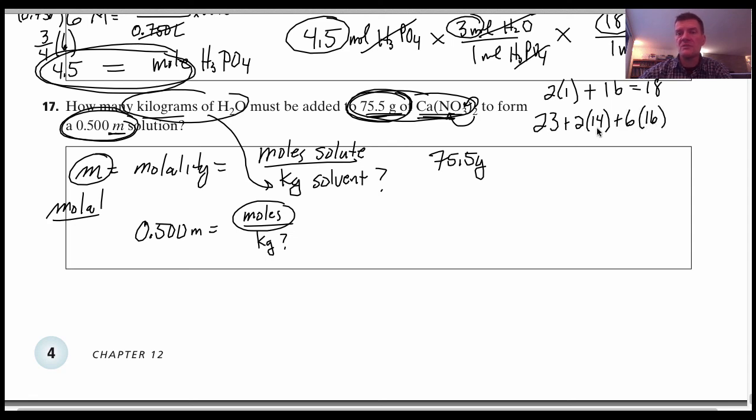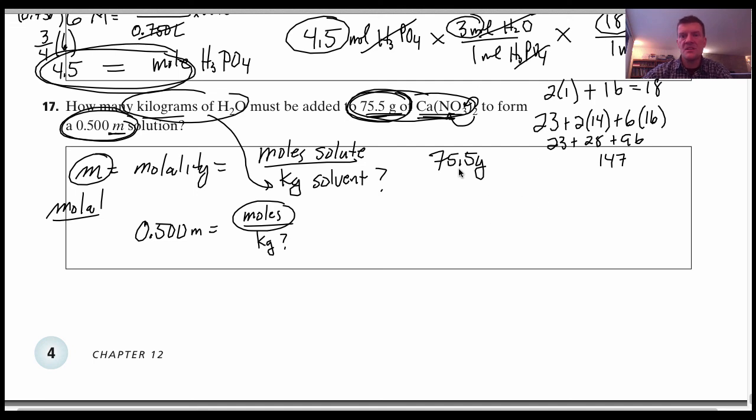So 23, 2 times 14, 28. 6 times 16, that's 60 and another 36, that's 96. So that gives us, what, 40, 51? 51 and 96 is going to be 147, if I did that right. Okay? I think so.